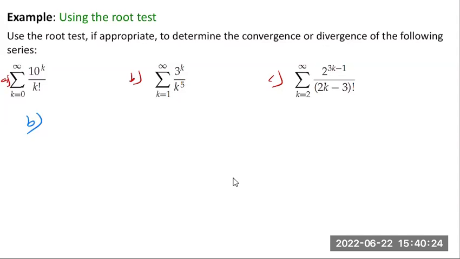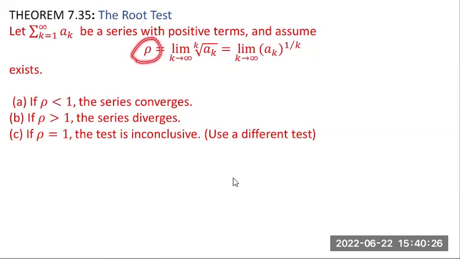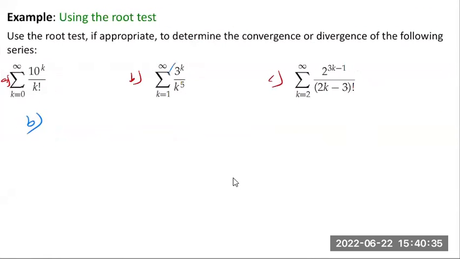To apply the root test, I need to calculate this limit. Rho is the limit as k goes to infinity of the kth root of a_k. Notice that in our example, our a_k is this one. So let's find the value of rho.